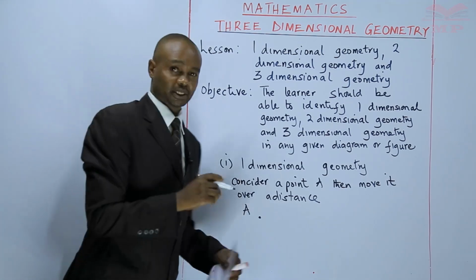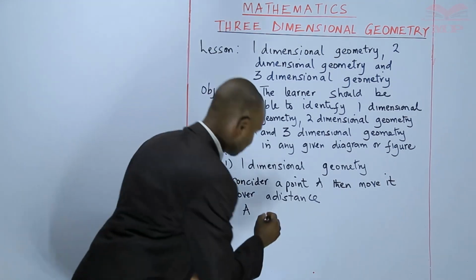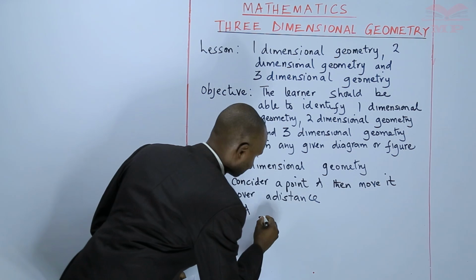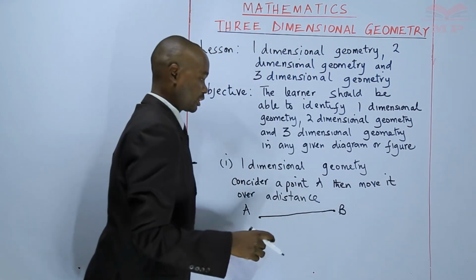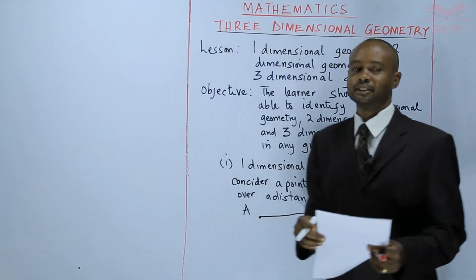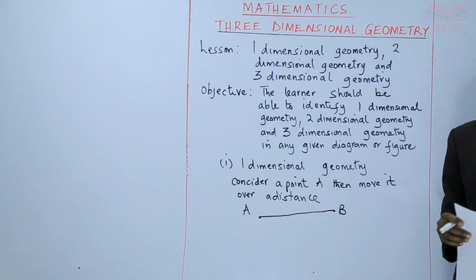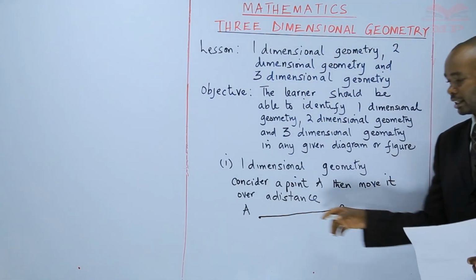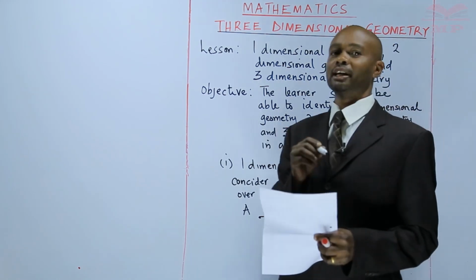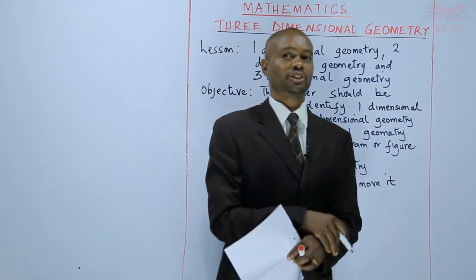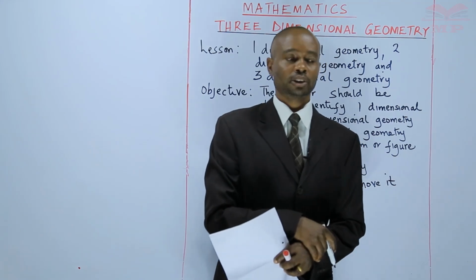You only see a point, then you move it over a distance. When we move it over a distance, you are now seeing a line, just a line. So wherever you see a line anywhere in a figure, that describes one-dimensional geometry.